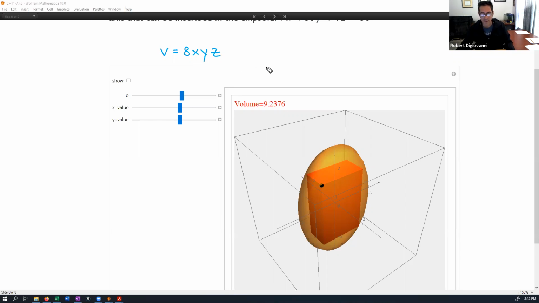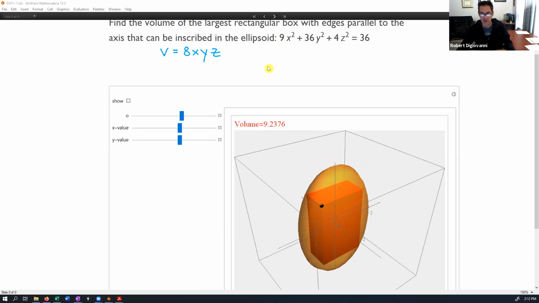But we have a constraint. The constraint is that this point right here, that point x, y, z, has to live on the ellipsoid, which means it must be constrained to that equation, right? So the x, y, and z can't just be arbitrary. It must also satisfy this equation.